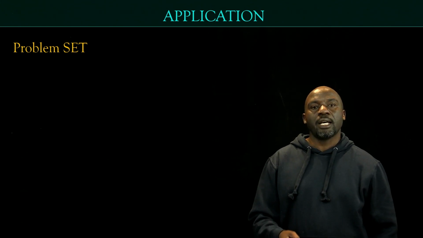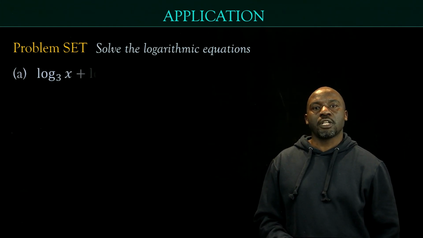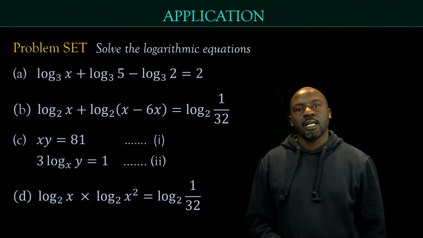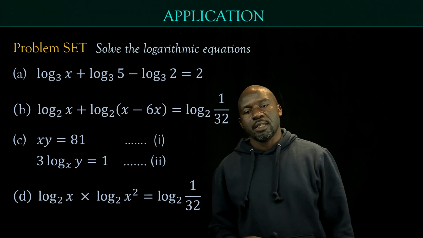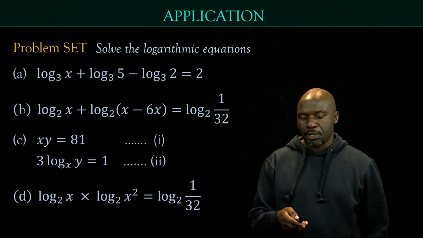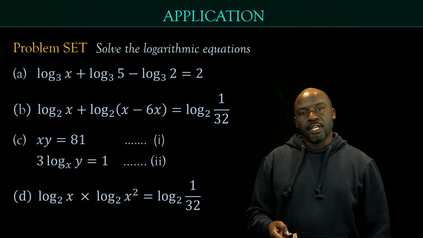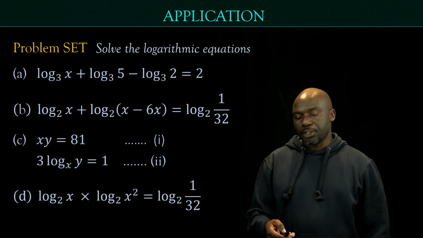Here's another problem set. Those were a few questions there, and here are a number of other questions that I want you to try out. Please try these out, okay? Question C is another simultaneous equation that you need to solve for x and y. These are all examination type questions.